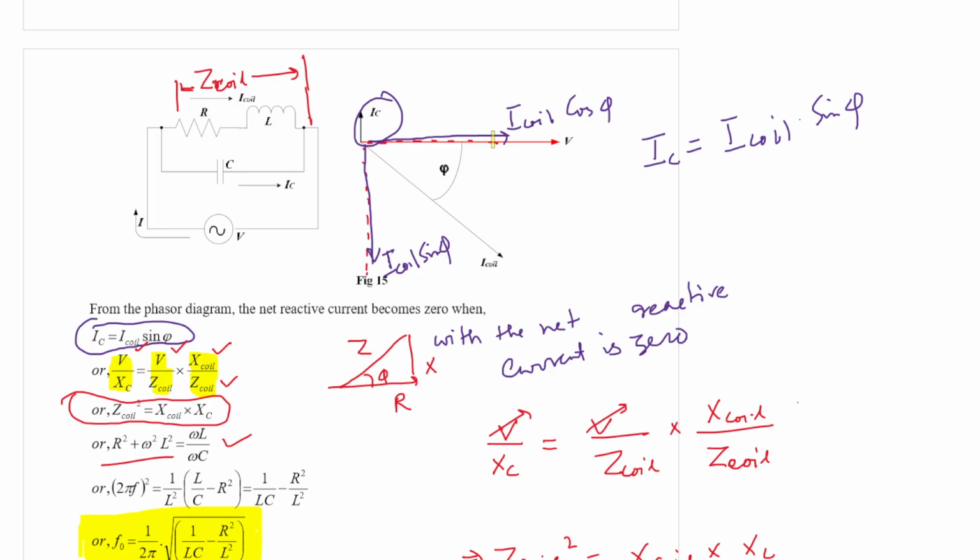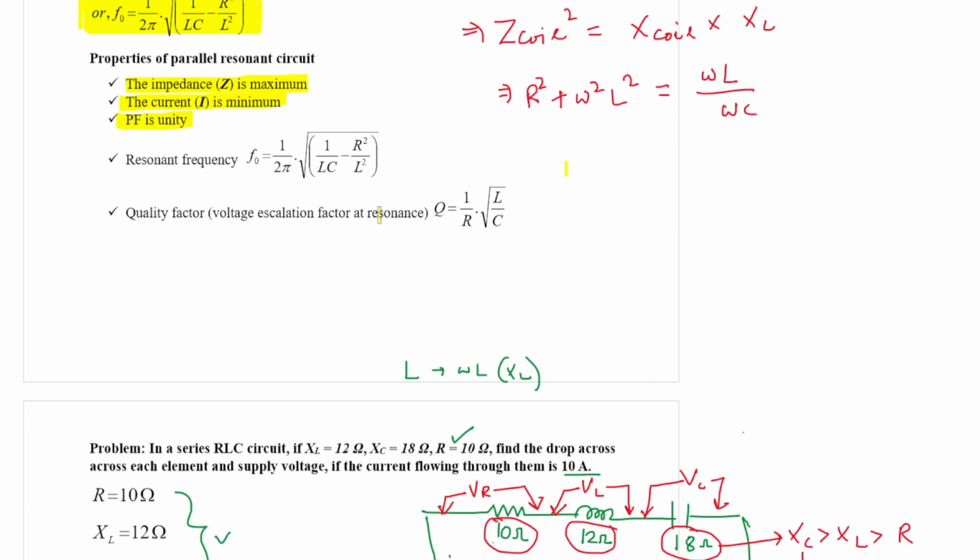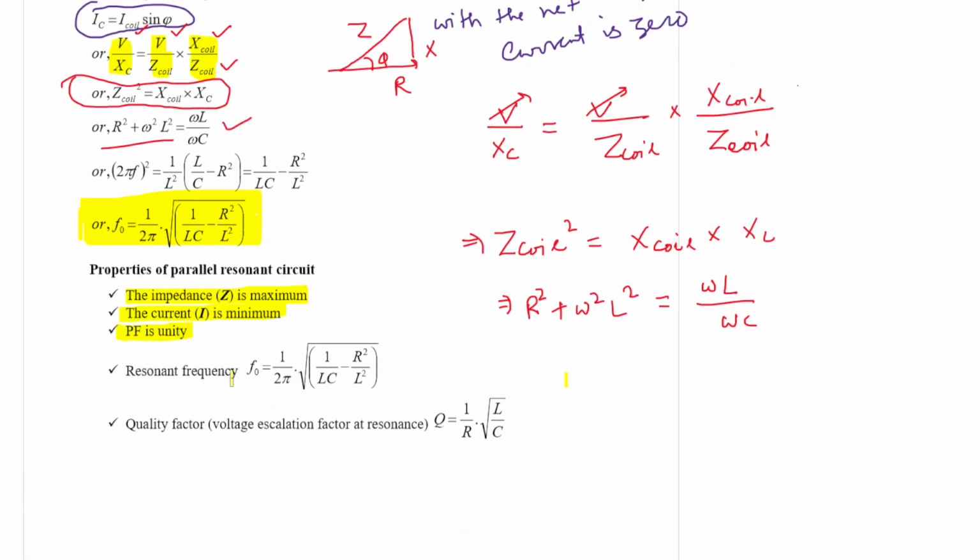So the net current flowing through the circuit becomes I coil cos phi, and it stays in phase with voltage. That is why power factor is unity. The resonant frequency is again given by the formula already deduced.